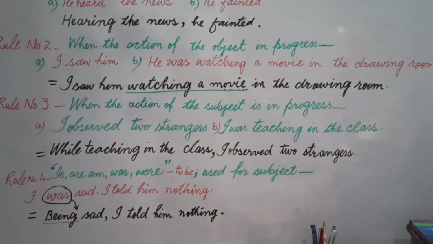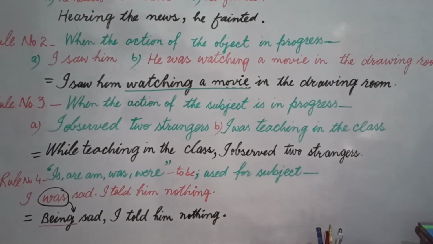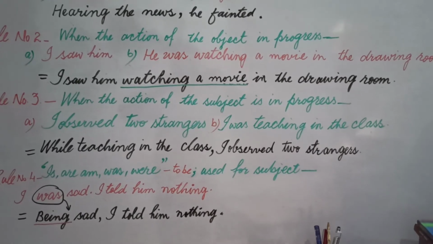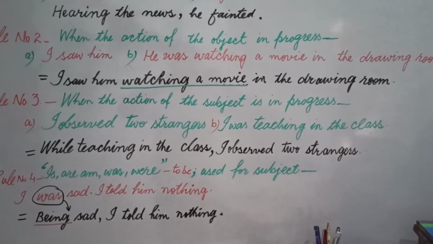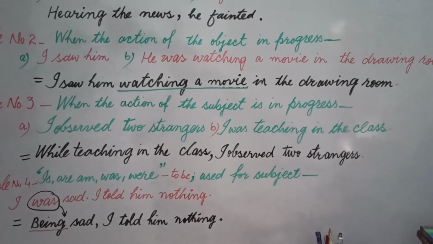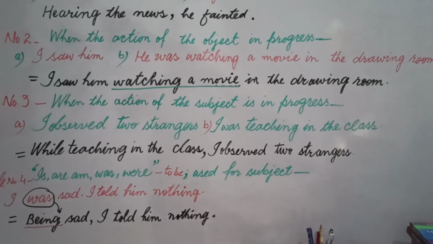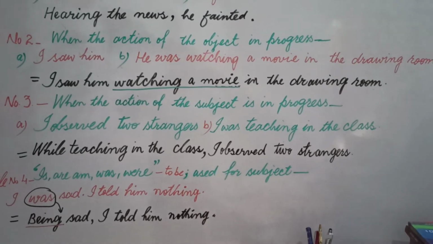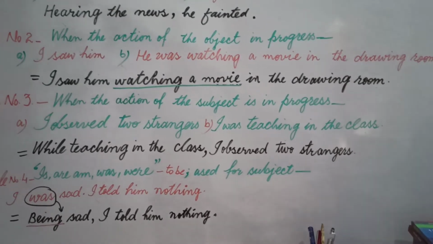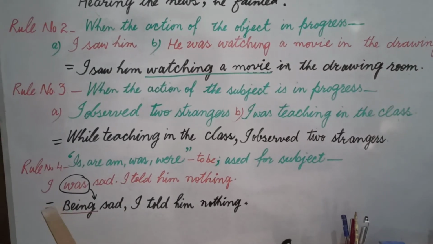Let's see rule number 4. In this rule, we change is, are, am, was, were, which are known as to be forms, into being. And we do this when these to be forms are used for the subject. Suppose I was sad, I told him nothing. Both I's are the same.